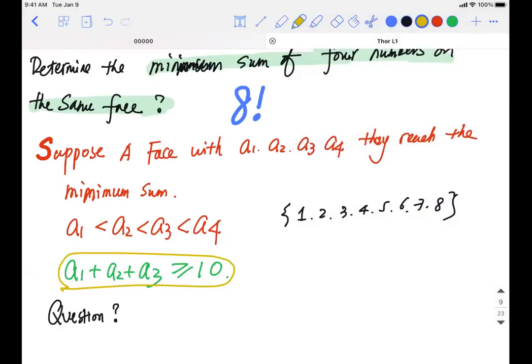Let me give you another hint. If I really wanted you to determine the biggest number from the three, aka A3, right? A3 is the biggest number from the three. Is there any requirement for this biggest number? I think this biggest number can't be too small, right?